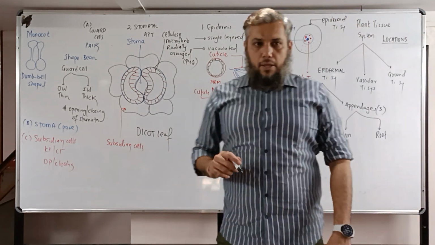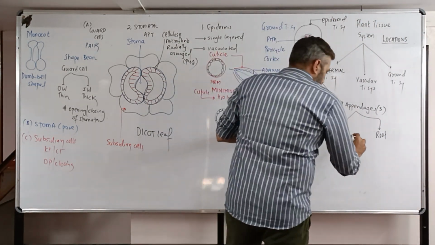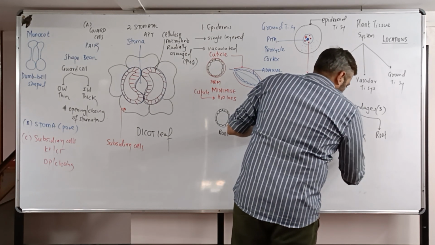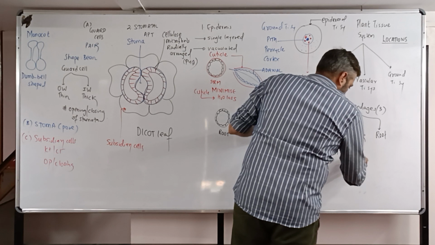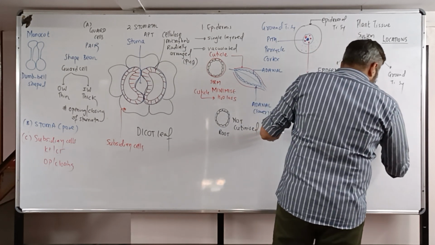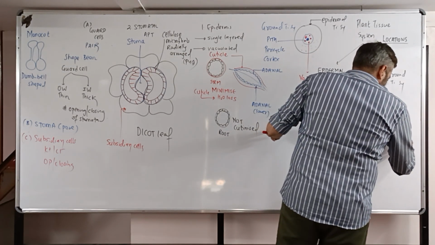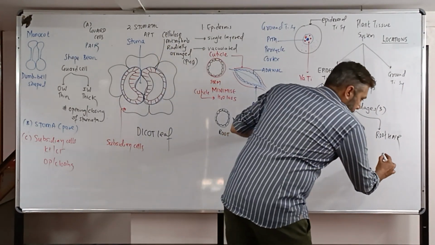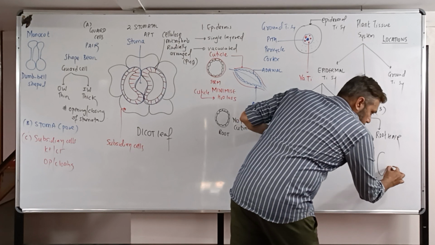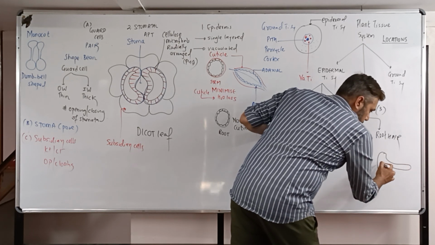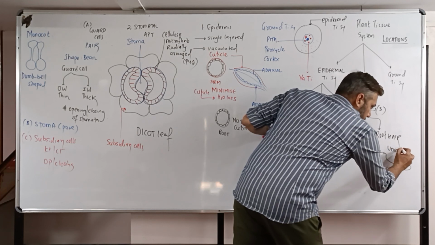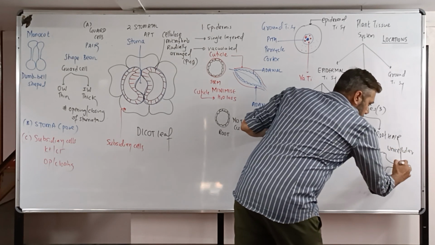On the stem we have stem hairs, which are called trichomes. And on the root, we see the presence of root hairs. An epidermal cell which shows elongation is called a root hair. Remember that the root hair is always unicellular.